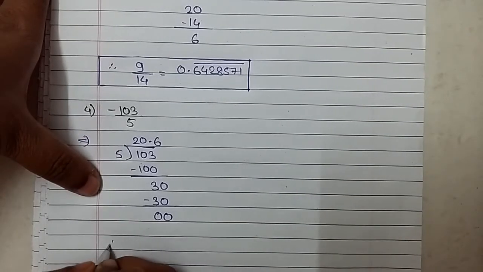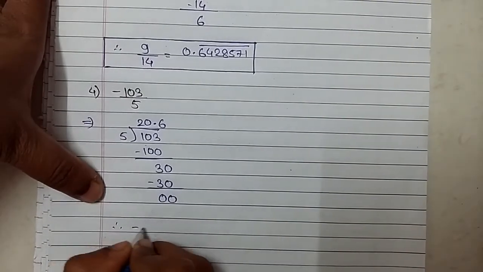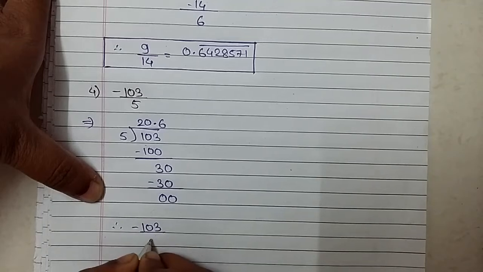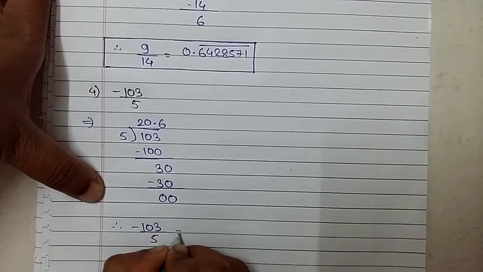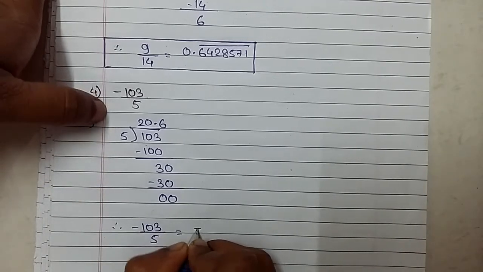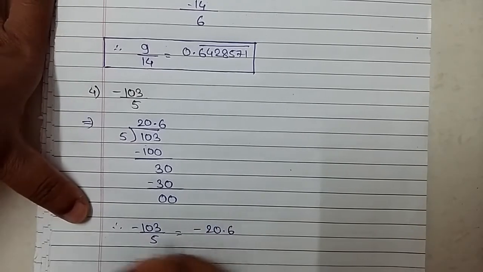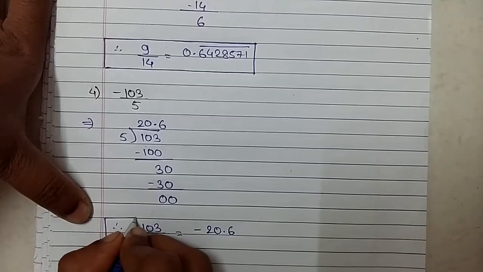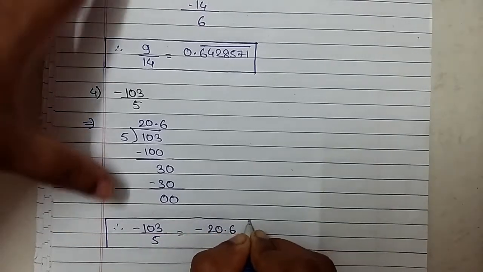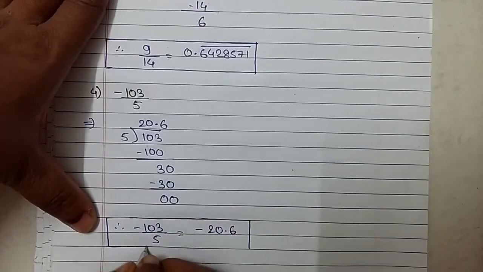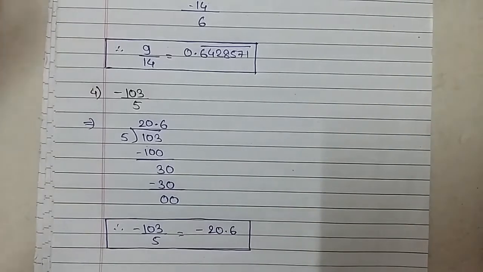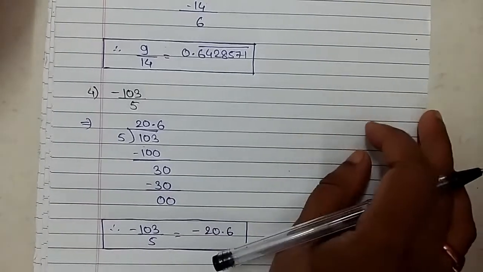So therefore your answer is what? Therefore minus 103 divided by 5 is equal to, put the minus sign here now, minus 20.6, and this is your answer. Okay, understand this one?